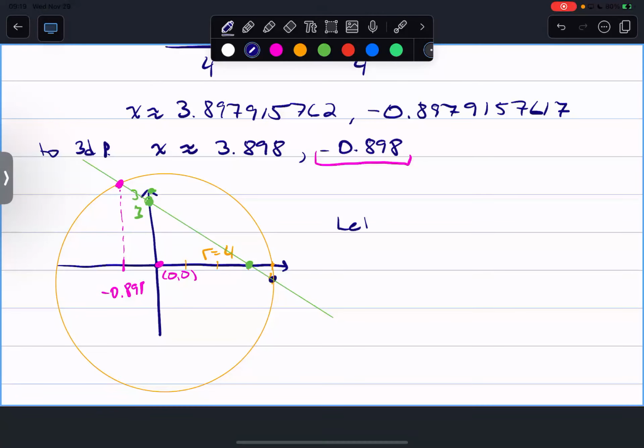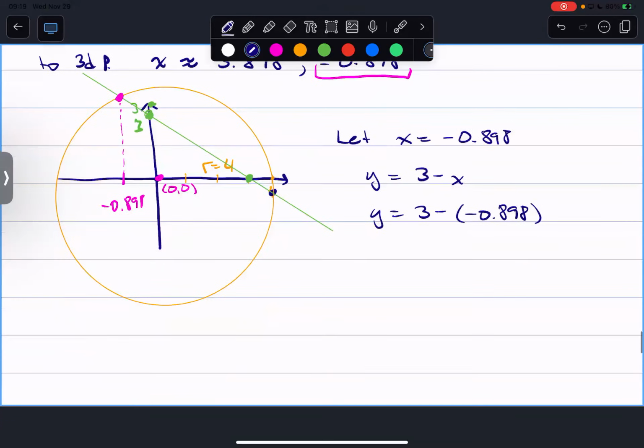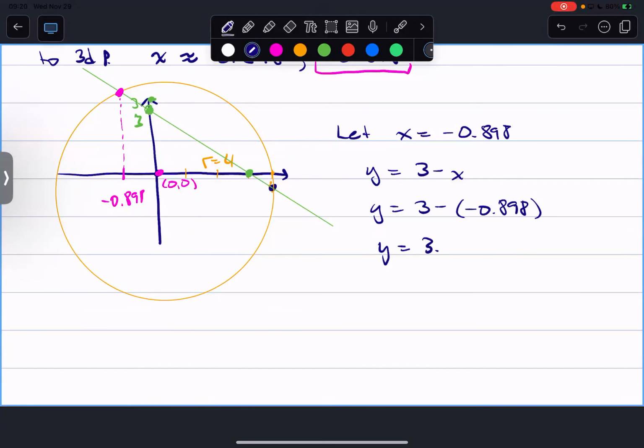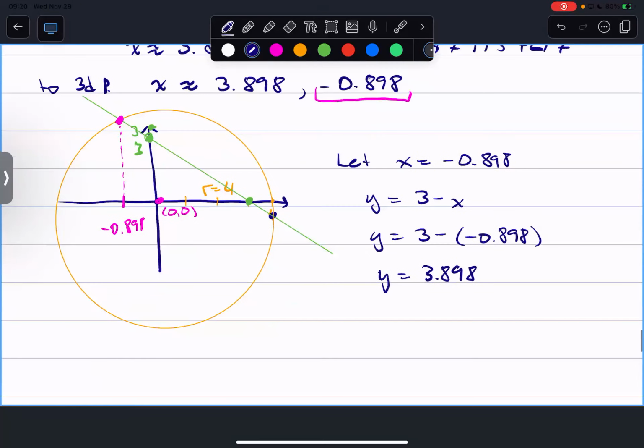So if I let x be negative 0.898, then y is 3 minus x, which means y is 3 minus negative 0.898. And so I get y is 3 plus 0.898, so I'm adding. You always want to check in, right, and make sure that that value makes sense.